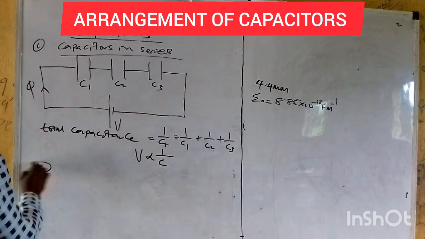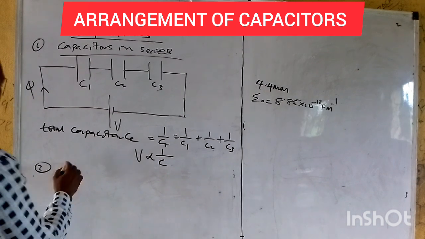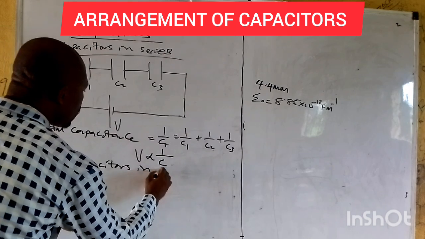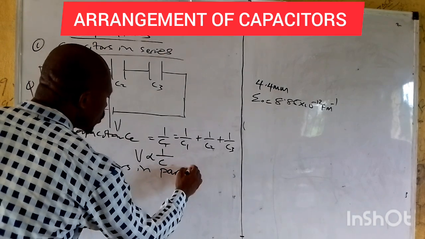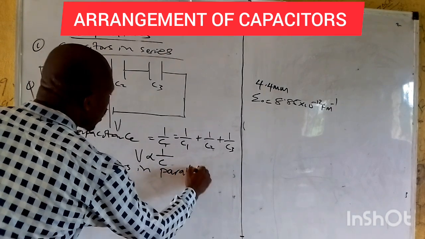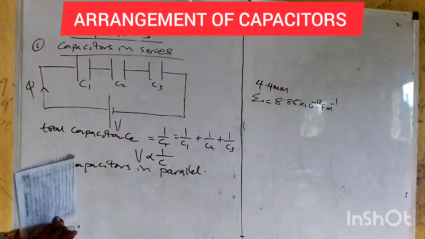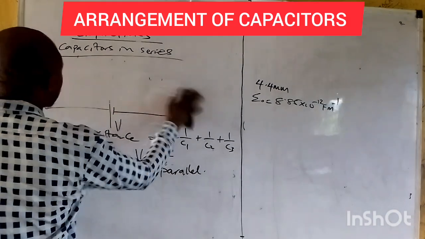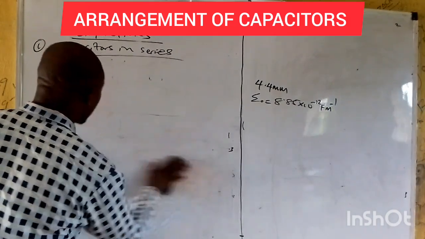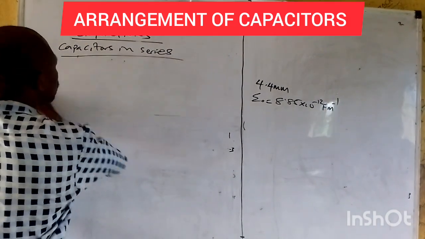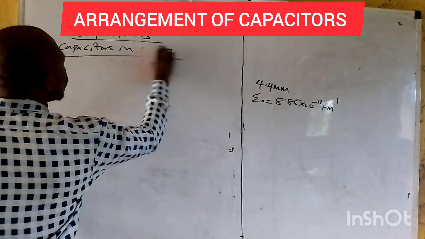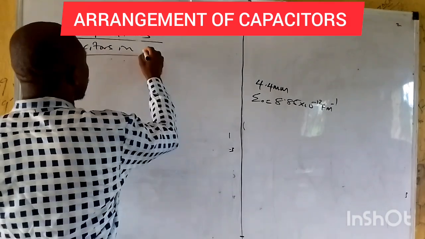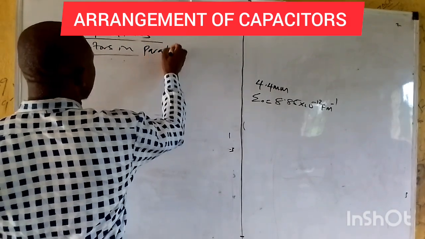Now the second one is capacitors in parallel. When capacitors are arranged in parallel, I will also clean this. If I clean this, the next one is capacitors in parallel.